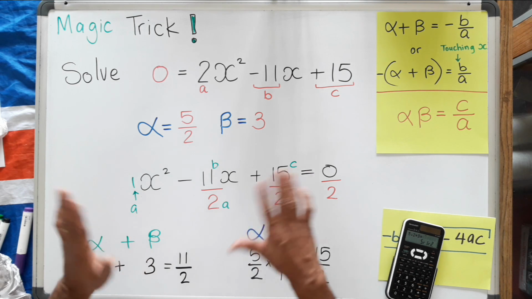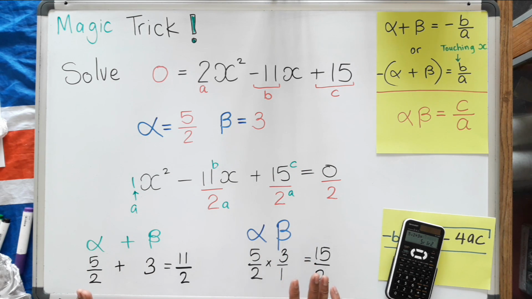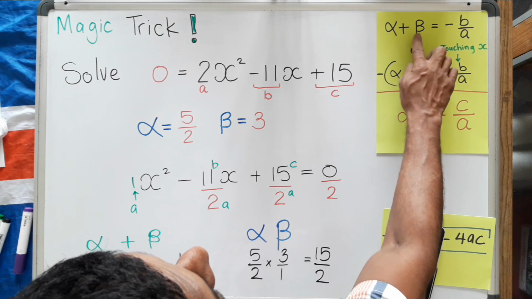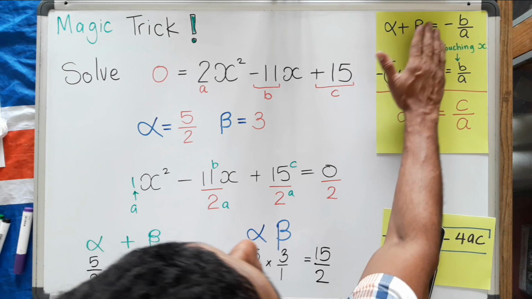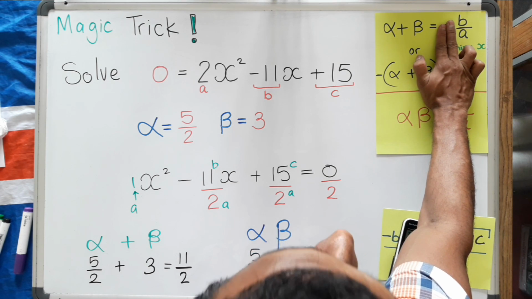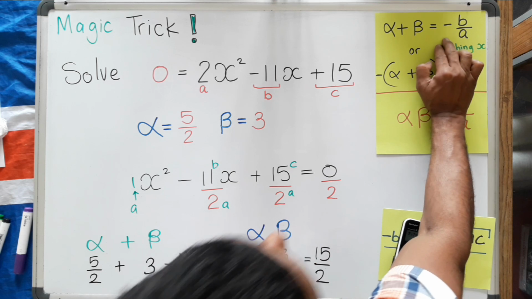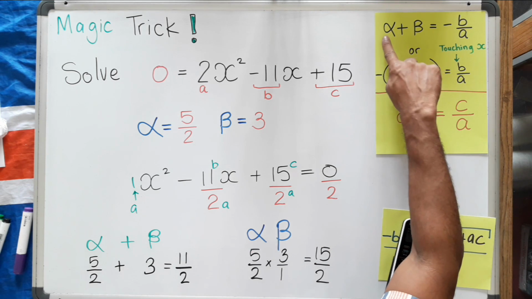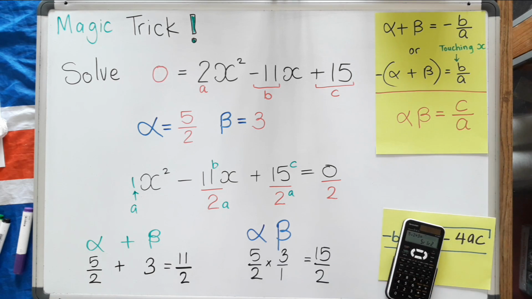So seeing this trick isn't too useful unless I actually do a question with you. All right? So I have summarized the rules here. Alpha plus beta, which is the two roots, will give us the opposite of b divided by a, so I put a negative sign here. Some textbooks have the formula written like this.